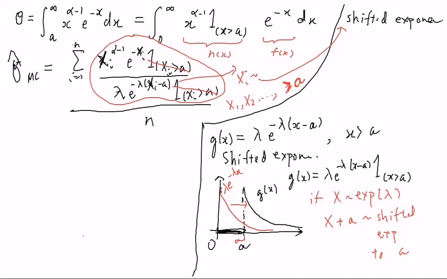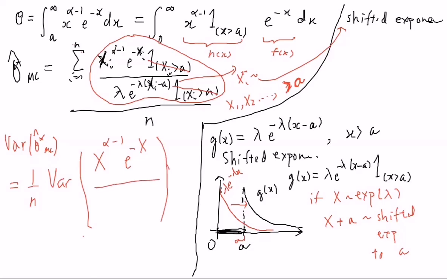So basically the single term that you want, when you calculate the variance, is just 1 over n times the variance of this thing here, x e to the minus x over lambda e to the minus lambda (x minus a).